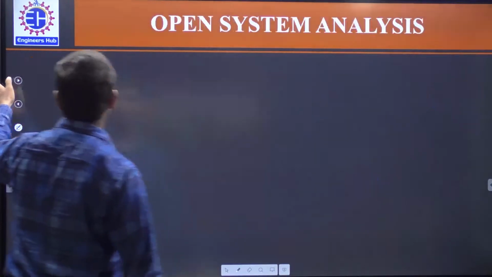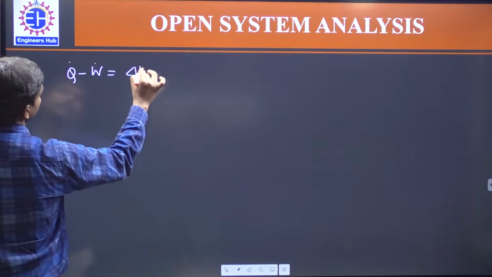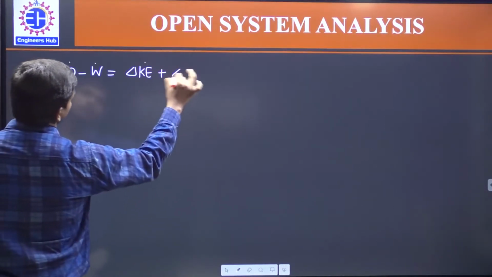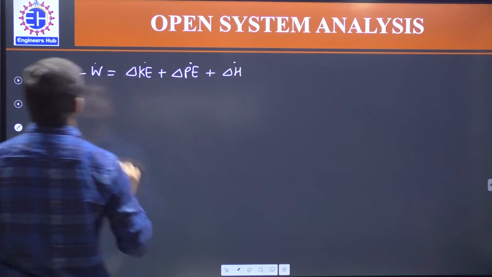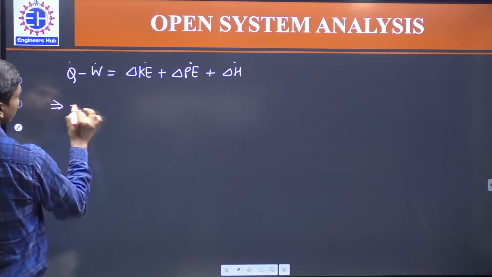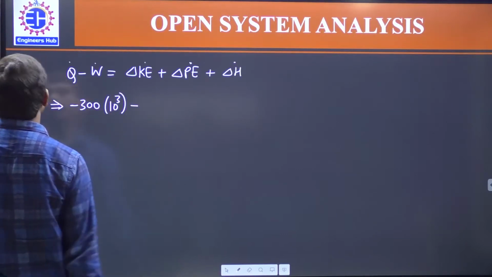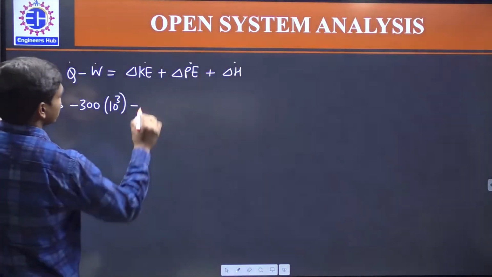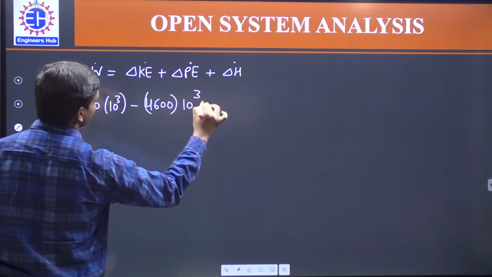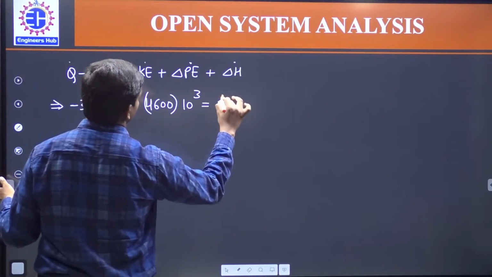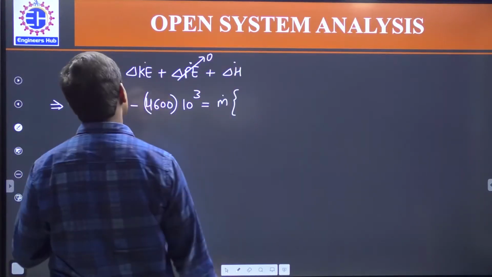So see here, Q dot minus W dot is equal to delta KE dot plus delta PE dot plus delta H dot. So this implies Q dot is minus 300 kilowatts, so kilowatts I am writing 10 cube, minus 4.6 megawatts is given. If I write it in kilowatts, 4600 into 10 cube, this is in watts, is equal to m dot into, see, potential energy changes we are neglecting because no data is given regarding potential energy changes.